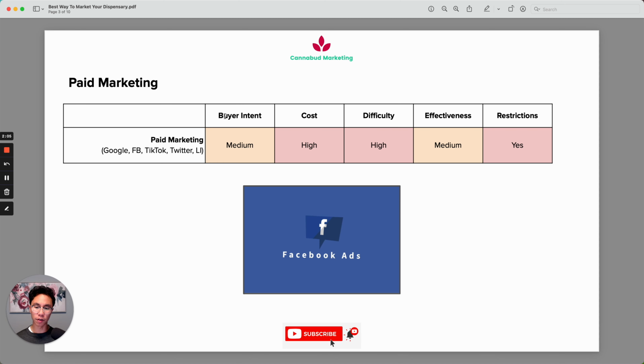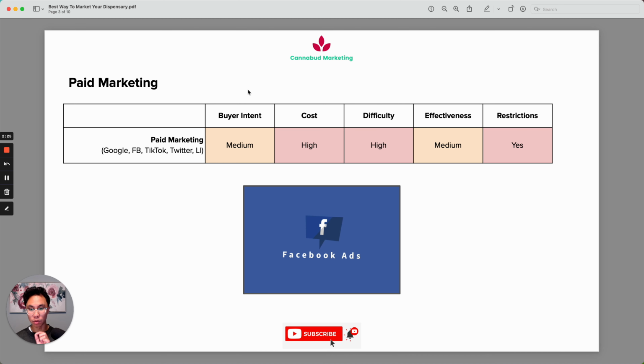Now, first is buyer intent. What is the intent of the person who is seeing your ad? Will they end up purchasing or not? Who knows? With paid ads, I put a medium buyer intent because in general, when you're seeing ads, people are typically not looking to buy.